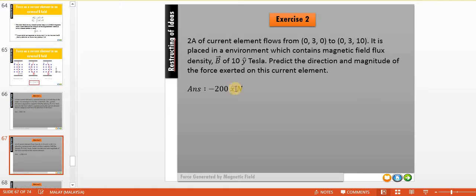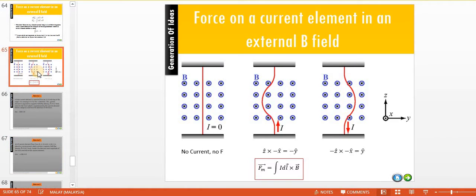This is your second question. You have 2 ampere of current element flowing from this point to this point. It is placed in an environment which contains magnetic field flux density B. So you have to predict the direction and also the magnitude of the force exerted on this current filament. So this is a question involving the force on a current element in an external field.